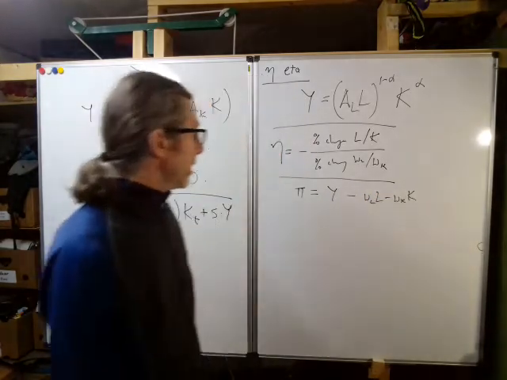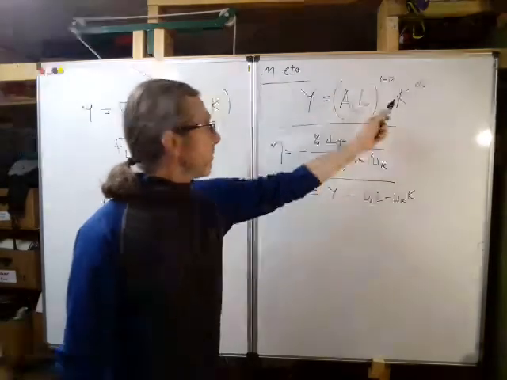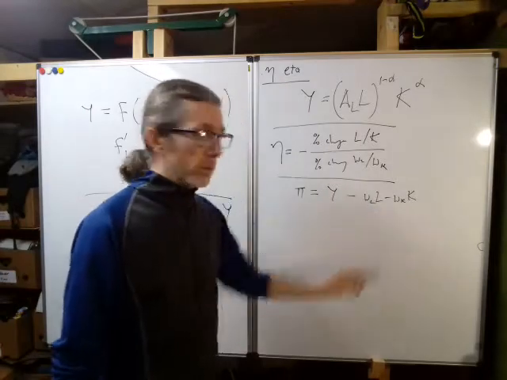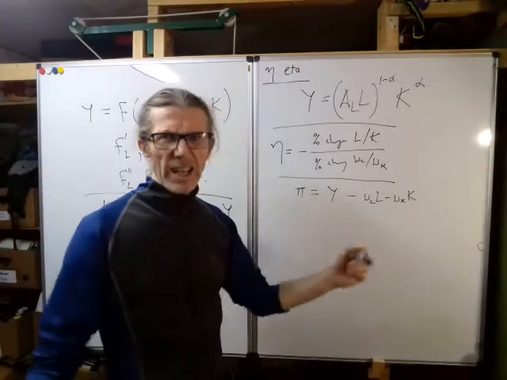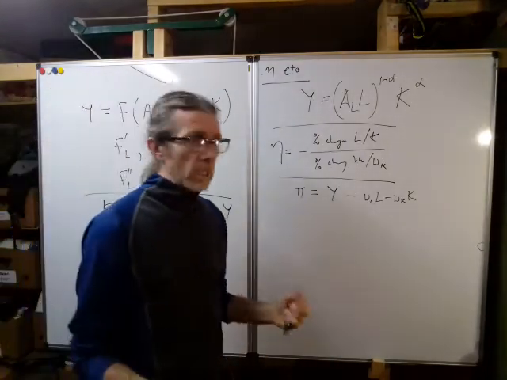Yep. This would be the profits of somebody making this stuff. How much they can make minus what they have to pay for their inputs. Okay. I'm being super careless with notation here, but hopefully you get the idea, yeah.